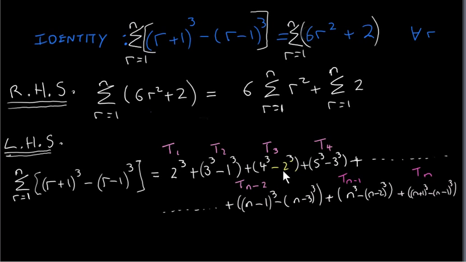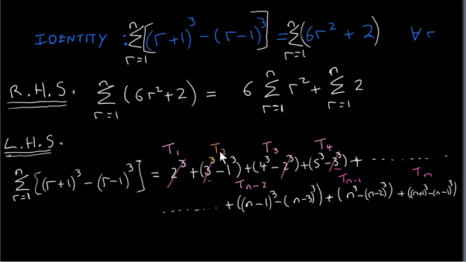And you'll see that most of it cancels out and we're just left with a few terms. So we see that the 2 cubed minus 2 cubed gives us 0. Of course, we can remove all the brackets and combine them any way we like. The 3 cubed cancels with minus 3 cubed. So the first part of each term cancels with the second part of the term that is 2 terms ahead.